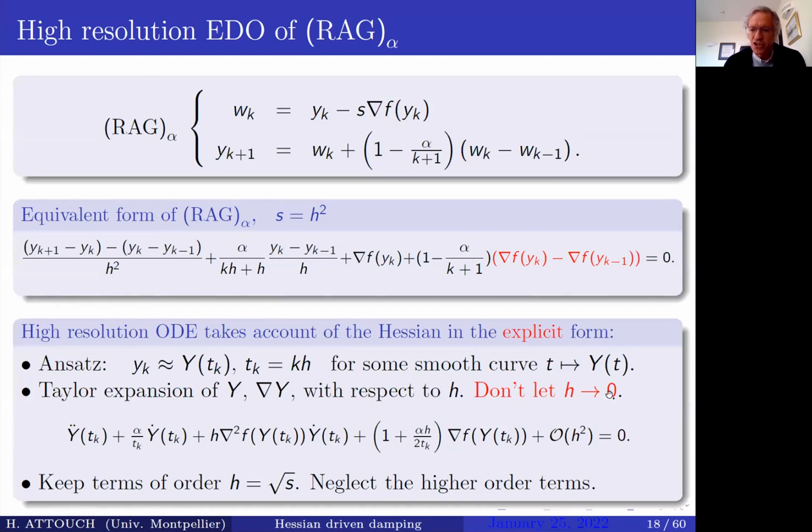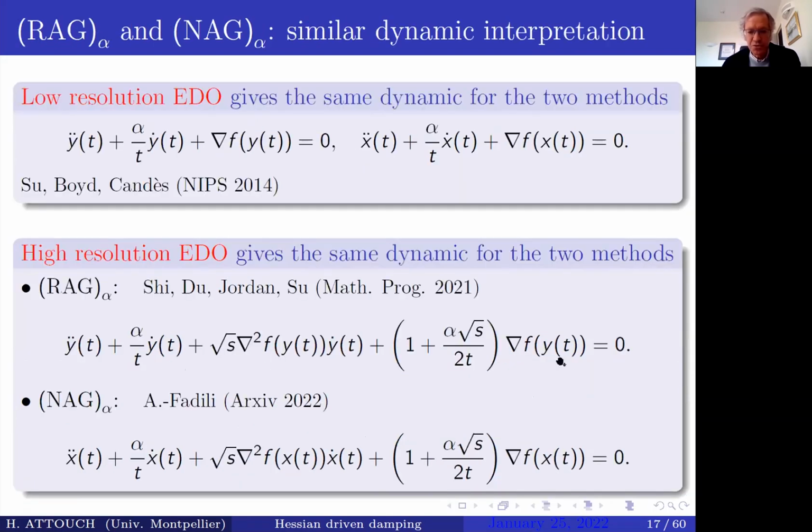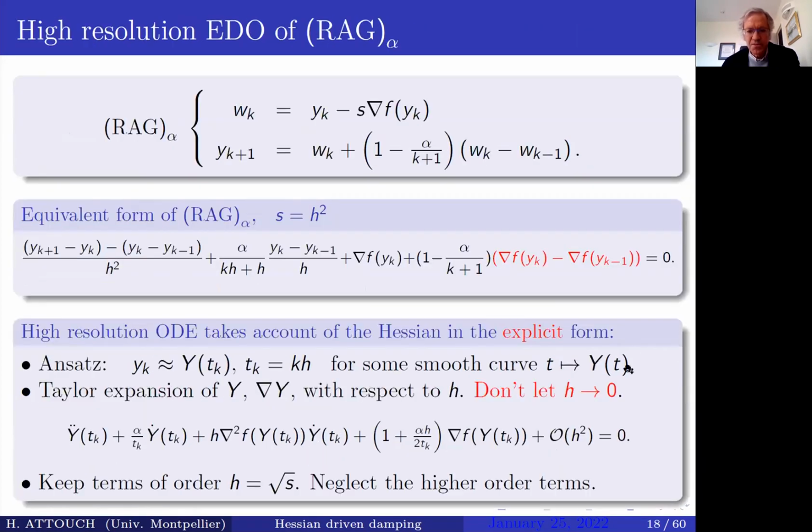So the idea is not to let h go to 0, but to keep the term of order h. That is to say, after the Taylor expansion, you neglect the terms of order h squared, which are very small because h is small, but you keep the term of order h. And if you do that, you obtain the equation which is written here.